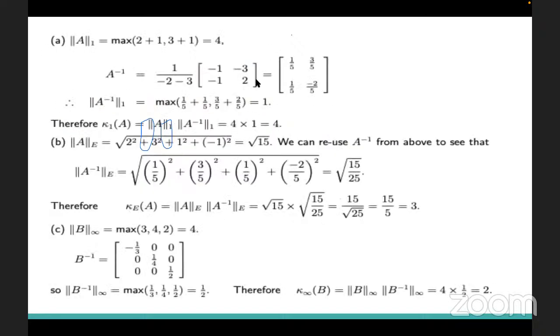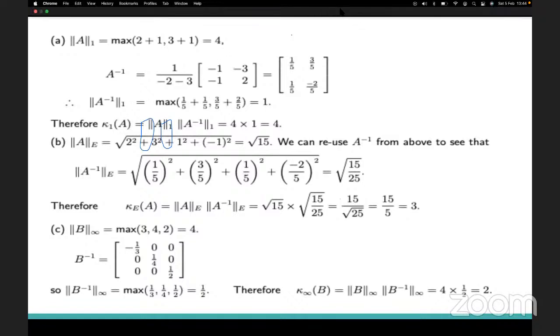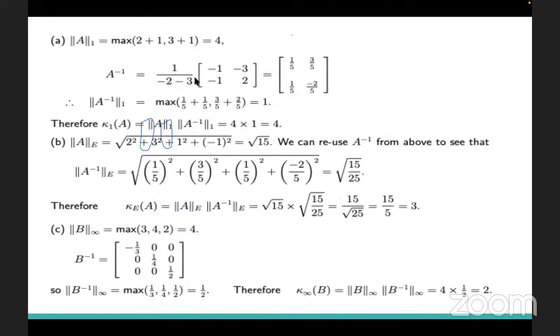Good. So now if we go here, the norm is 4, which is what we have here. Now I want to find the inverse of a matrix. The inverse of a matrix is simply 1 over the determinant, and then we swap A and D. So now this is A, this is B, this is C, and this is D. To get the inverse of this matrix, first of all, we get the determinant.